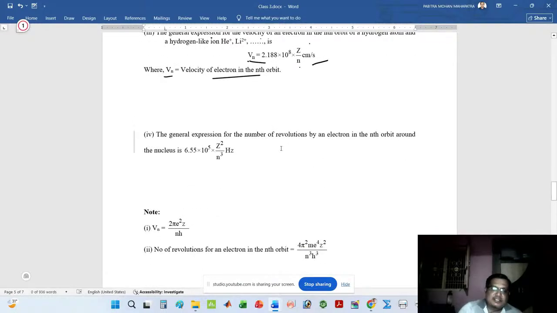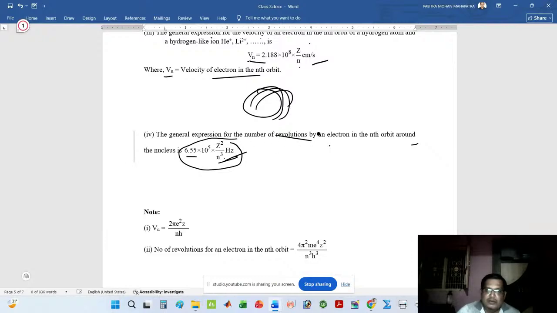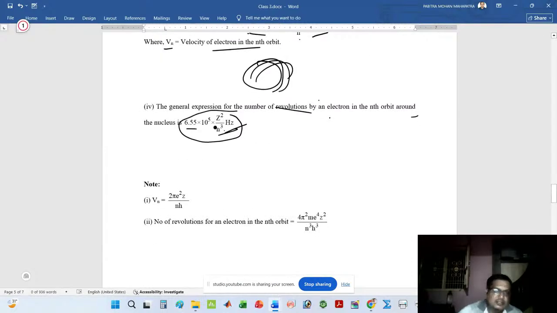Another expression is also given: the general expression for the number of revolutions, how many times it will revolve. For an electron in the nth orbit, a formula is given, that is 6.5 into 10 to the 5 into Z square by n cube h cube. Actually, the main formula for velocity is Vn equal to 2 pi e square Z by nh.